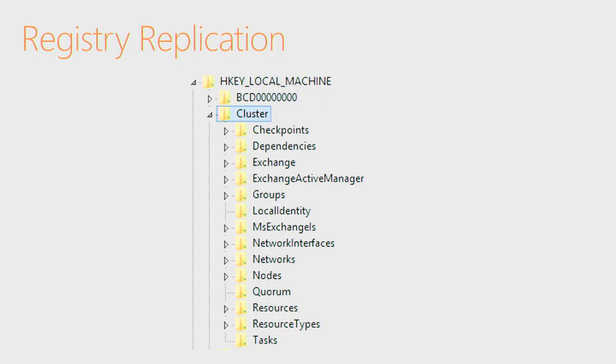And you'll see that you have things like the Exchange key and the Exchange Active Manager key. This is where Exchange is using cluster APIs to inject information into the cluster hive. For example, about database states and DAG network states, which we'll take a look at in a little bit here. And as long as you're a successfully participating member of the cluster, this information should be replicating out to everybody in a timely fashion.